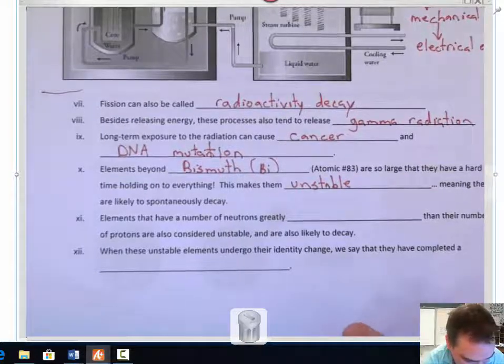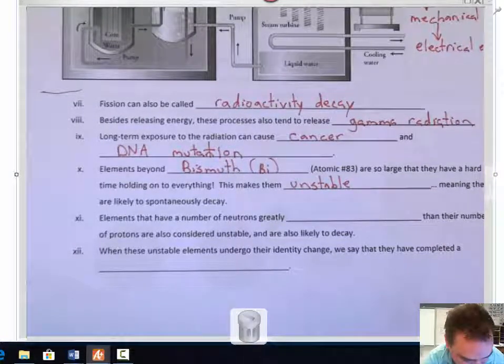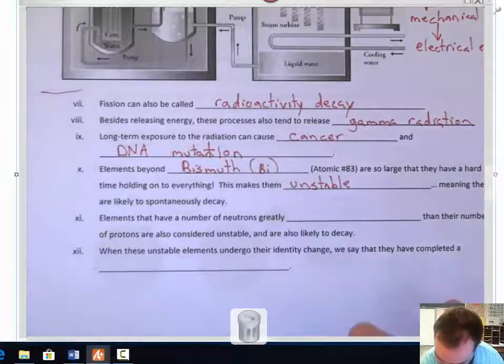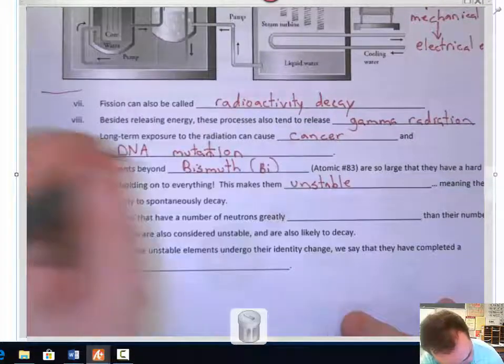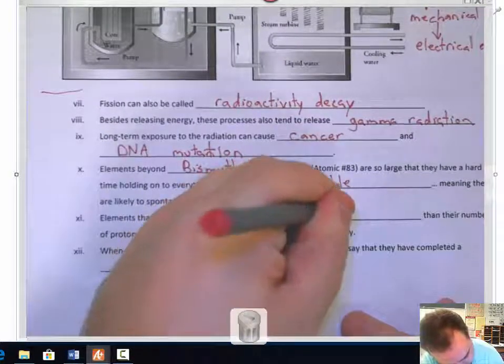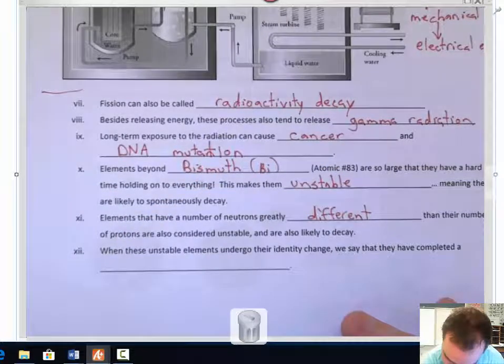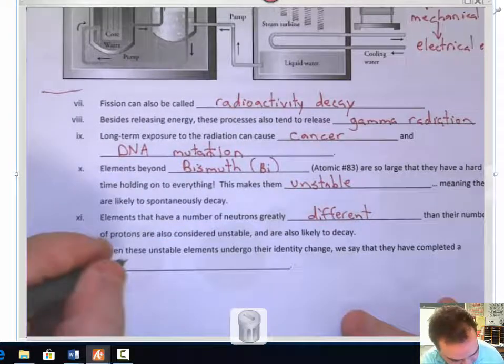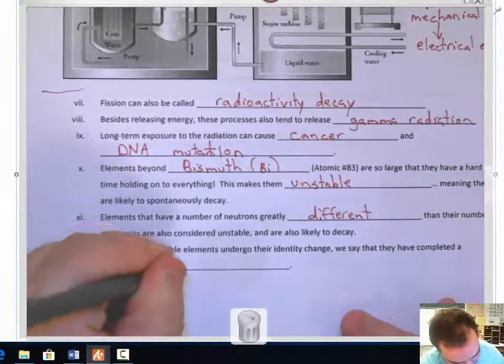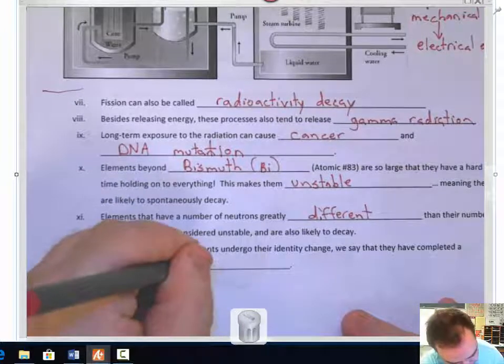Elements that have a number of neutrons greatly different from the number of protons are likely to decay. When these elements undergo an identity change, they have completed a transmutation.